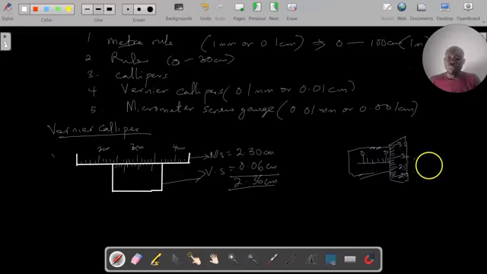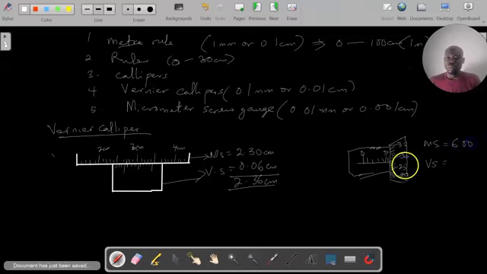Okay, so if you want to determine the reading, we also have main scale and you also have vernier scale. So the main scale here will be 6 because you have an additional short line here. So this will be 6.00, while your vernier scale will be where this horizontal line aligns with the reading on the vernier scale. So you have 25, 26, 27, 28, 29.